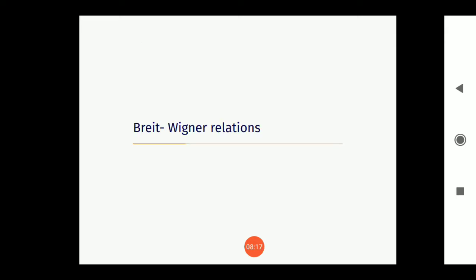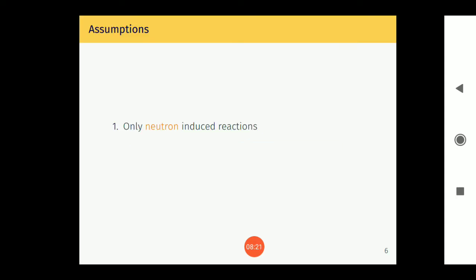Now let us study the important case of Breit Wigner relations. While deriving that, we make this case very simple. So the first assumption is only neutron induced reactions are considered here.